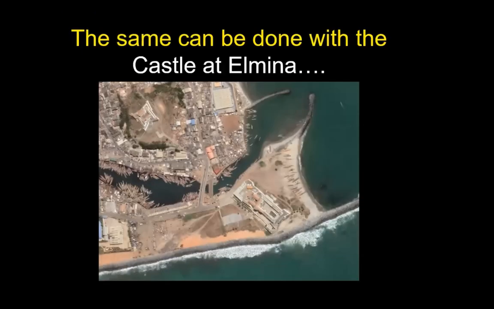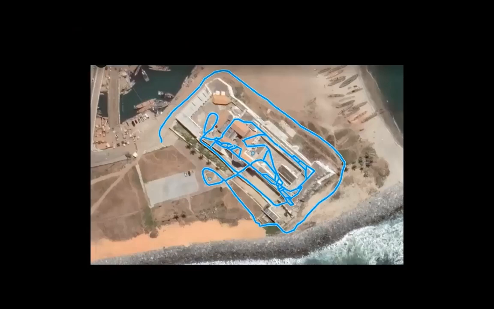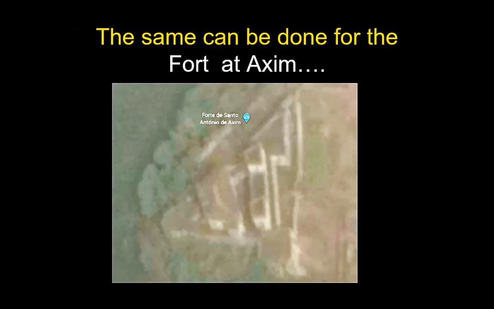The same can be done for the castle at Elmina in Ghana. A very extensive set of itineraries to explore. Same can be done for the fort at Axim, Fort São Antônio of Axim.